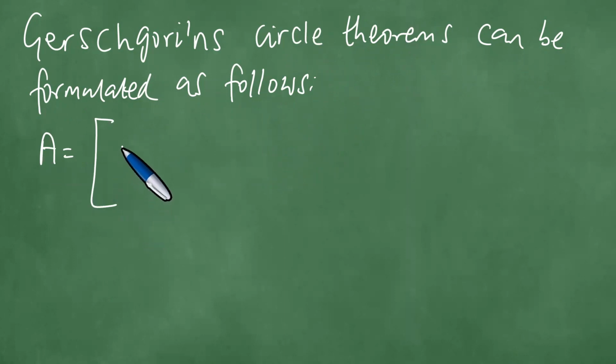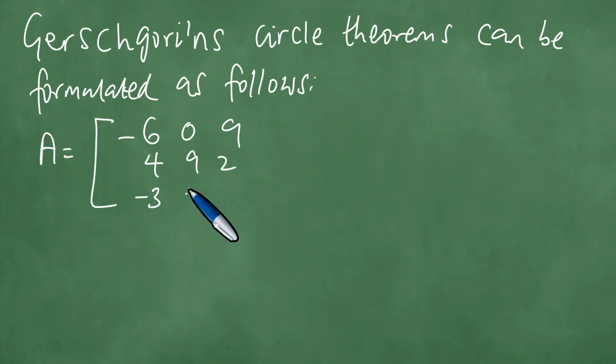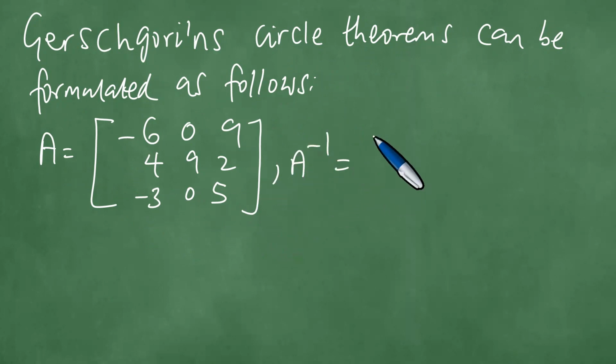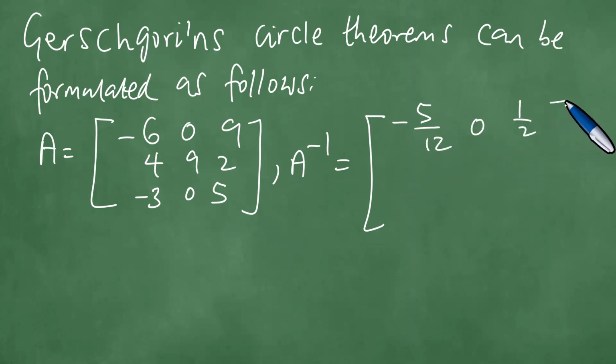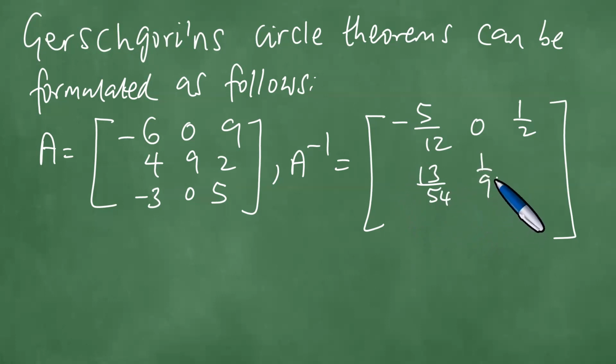So we have the matrix A, 4, 9, 2, 12, 0, 1 out of 2, 13 out of 54, 1 out of 9, minus 1/3, minus 1/4, 0, and 1/2.